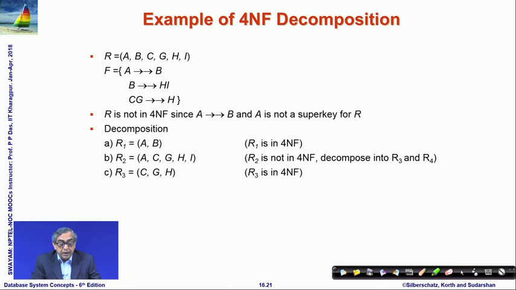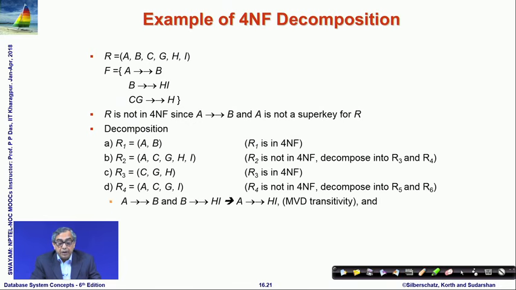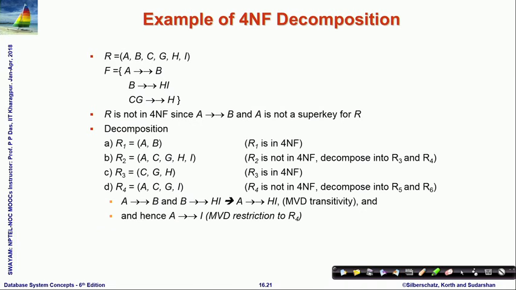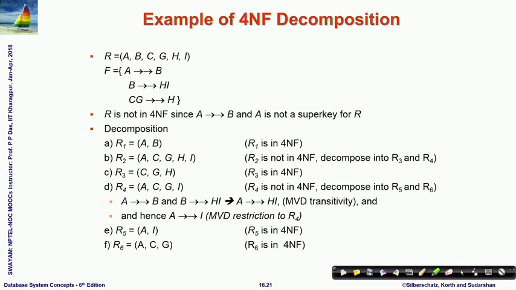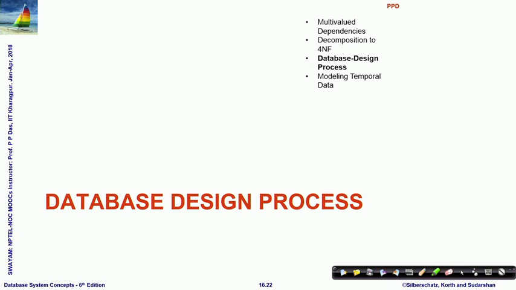So, you decompose R2 into R3 which is in 4NF and R4, and again R4 is not in 4NF. You decompose R4 into R5 and R6 and work through that, and you will be able to see that R5 is in 4NF and R6 also is in 4NF, which gives a complete multivalued decomposition of this whole set.